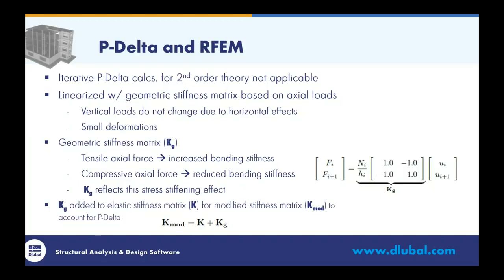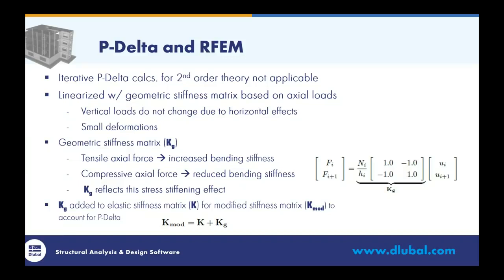So what we do is we linearize this with what's called the geometric stiffness matrix based on axial loads only. Now there are two assumptions with this type of linearization. One is that vertical loads do not change due to horizontal effects, and the second is that deformations are small when we compare this to the overall dimensions of our structure.